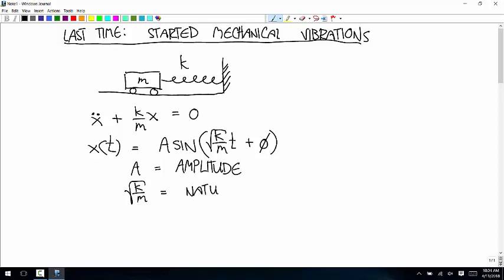It's not a real frequency, but that's what it's called. And phi is called the phase angle.